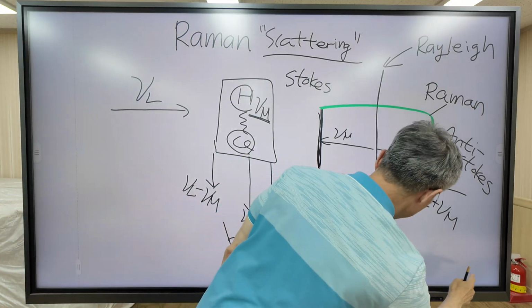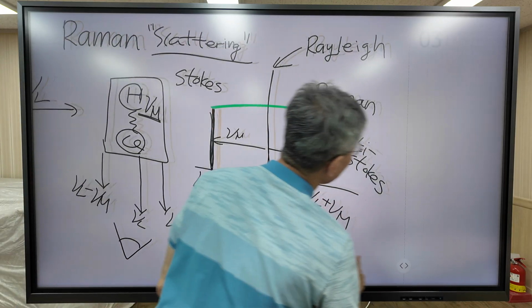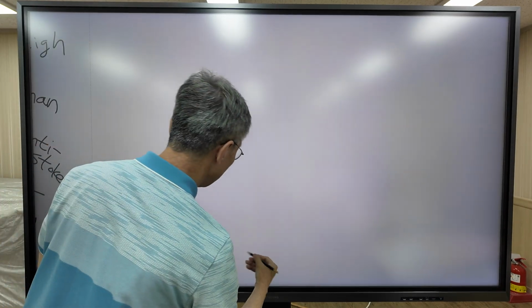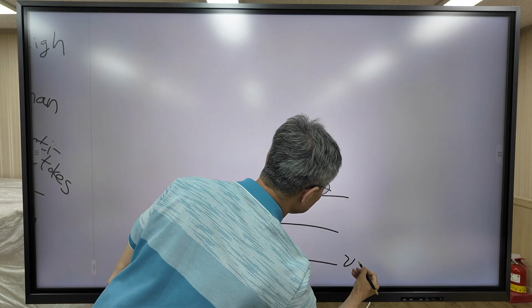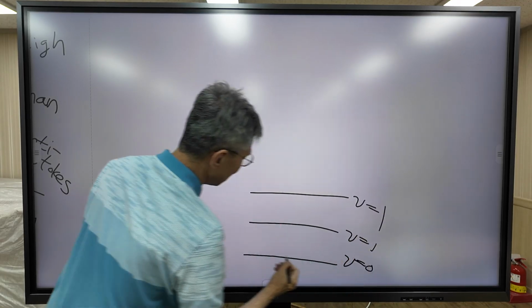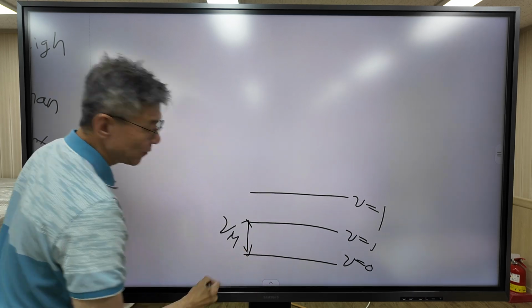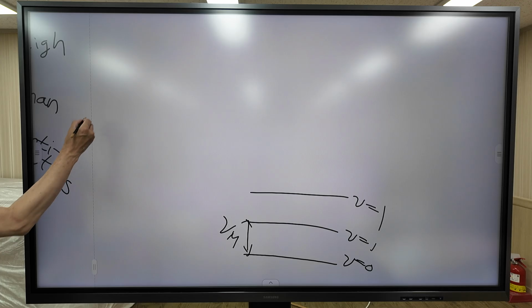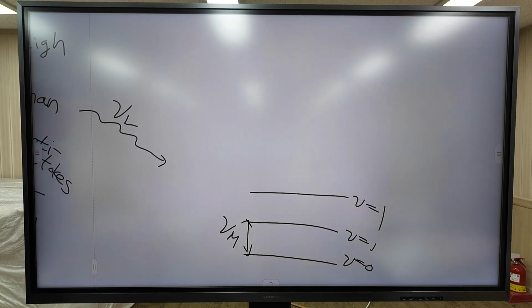So this is the vibrational level. The frequency gap is ν_m, and the incident light is irradiated with frequency ν_L.